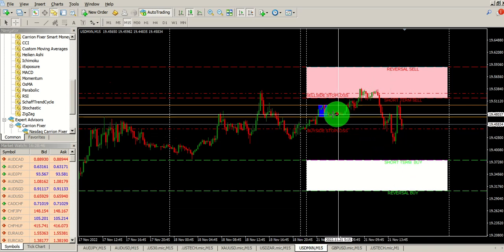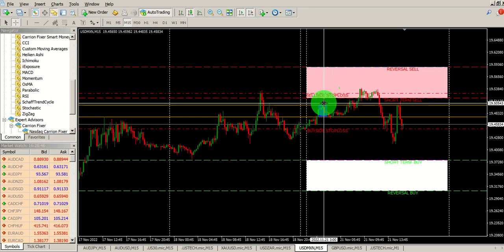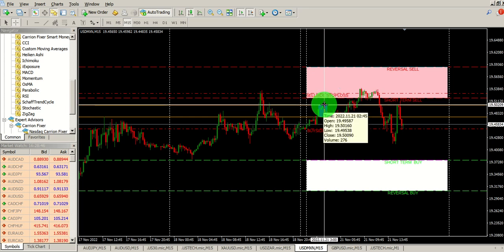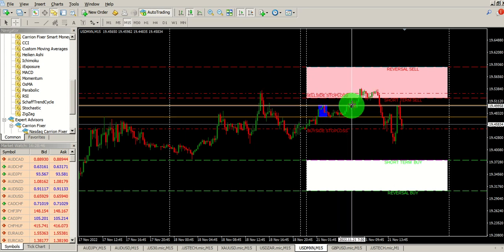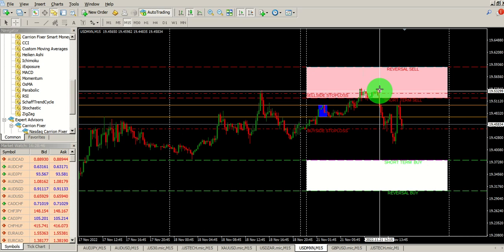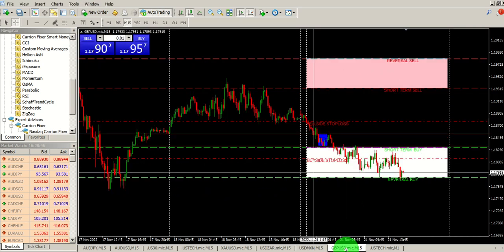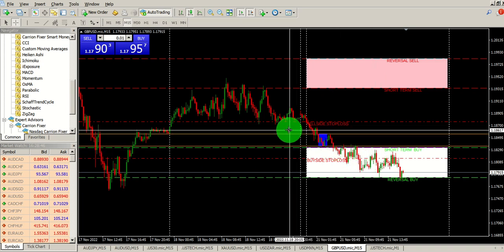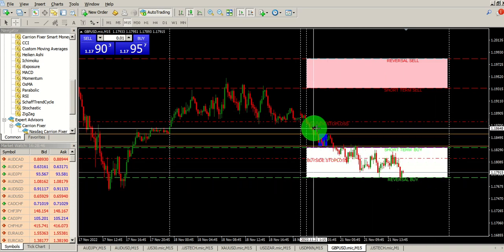We can even check on US dollar MXN. You sold here, where's your stop? Recent highs. Then the market goes to those highs, takes them out, gives you a nice little M as a confirmation, and then boom, it sells. GBP USD, this one didn't really play out today.